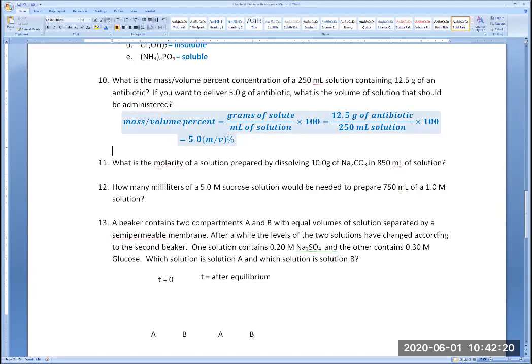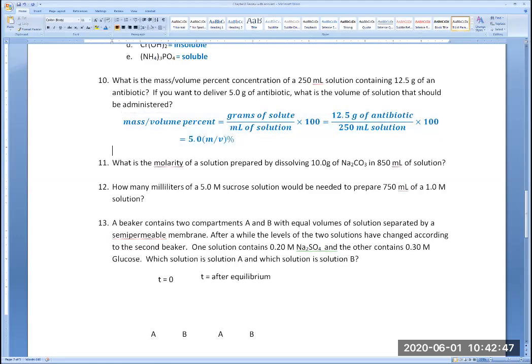So when you read that 5.0 mass per volume percent, it means you have 5.0, and this applies to the solute. That's the quantity of solute per 100, and here it's per volume, so per 100 milliliters of solution, right?